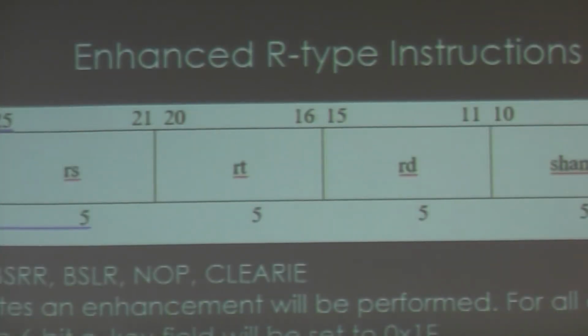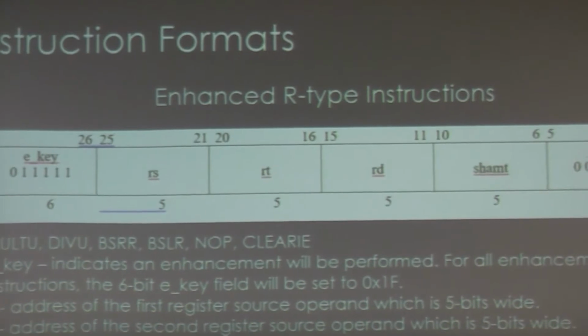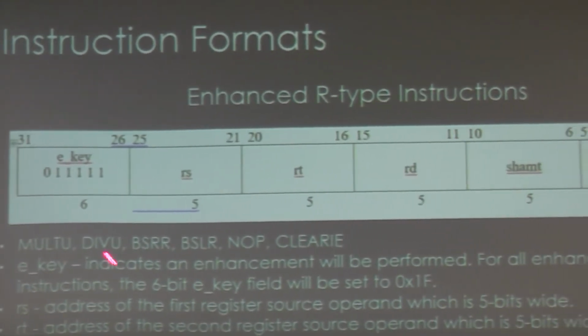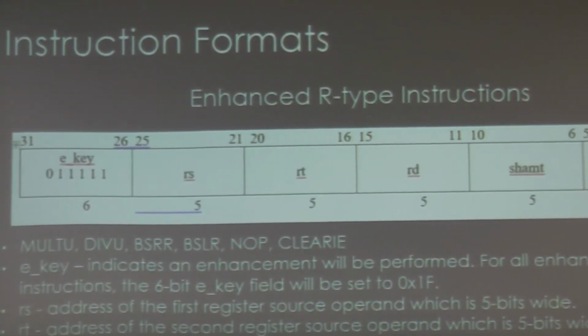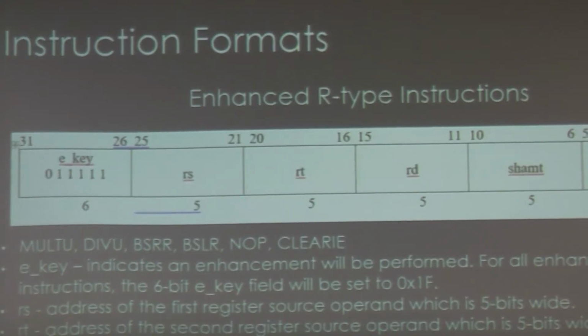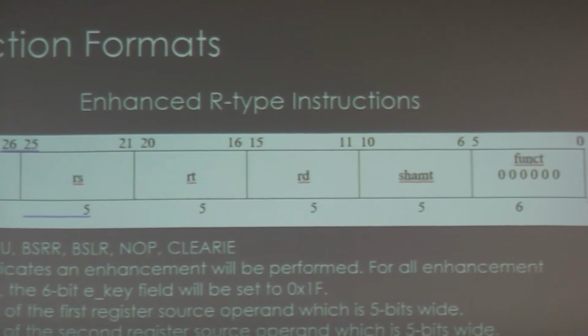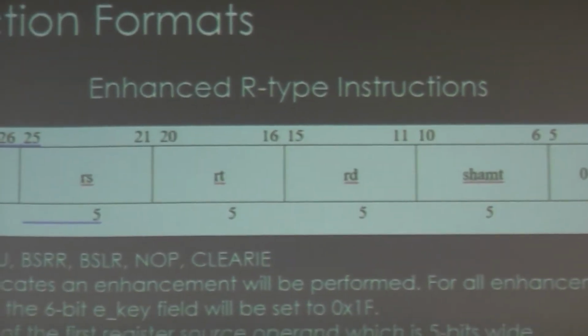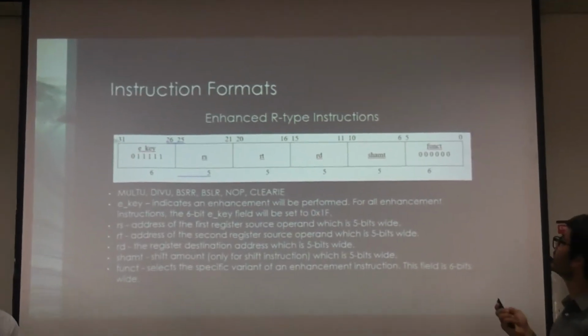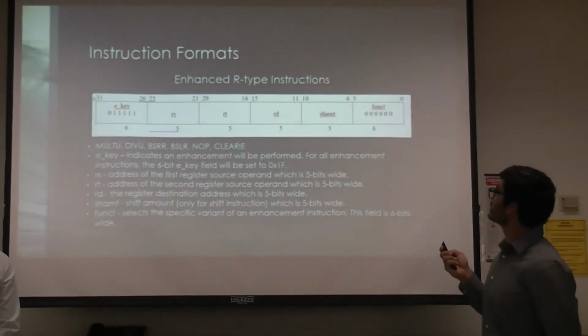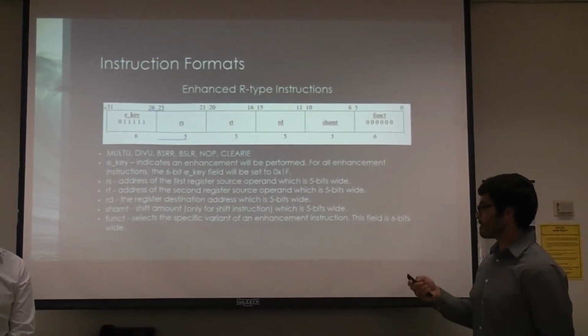Here is our format for enhanced R type instructions. The first most significant bits are the enhanced key, which is 1F hex. We have RS, RT, and RD. They're all 5 bits wide. The shift amount and the function, which is 6 bits wide.